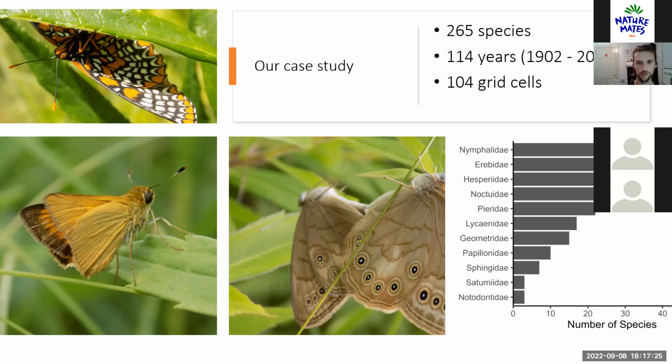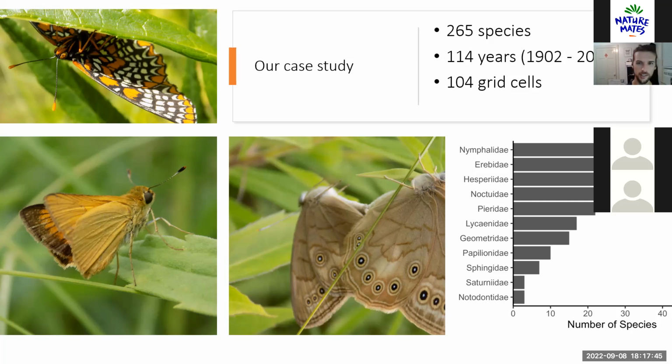Erebidae had the second most species, that's tiger moths. Then Hesperiidae had the third most by family included in our data set. That would be your skippers. And Pieridae and Lycaenidae are going to be your next most represented butterfly groups.